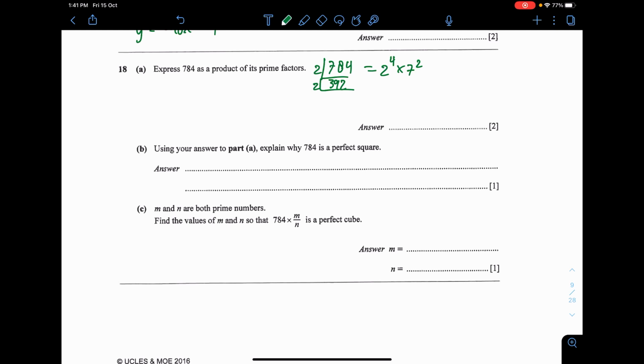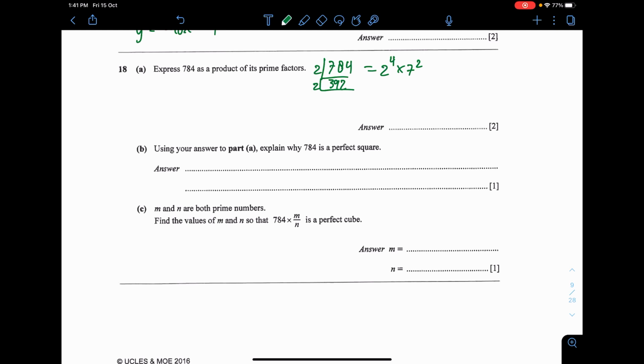Using your part A, explain why this is a perfect square. Tell them that 784 is made by a multiplication of indices that have an even power, power of 2 and power of 4. This tends to give a perfect square. Again, all the prime numbers must have a power of 2 or multiples of 2, all of them.